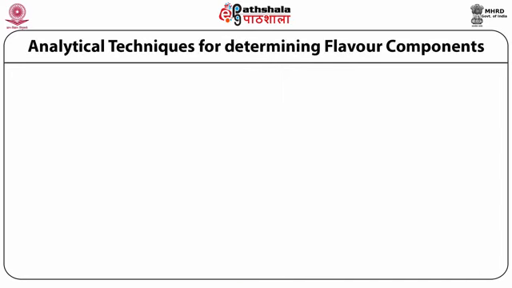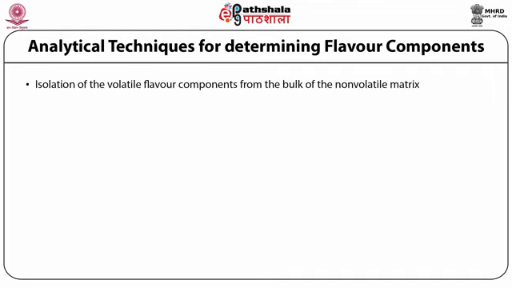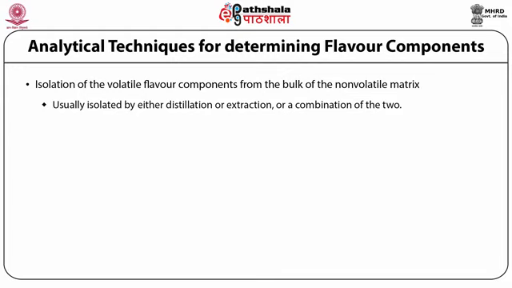Now some of the analytical techniques for determining flavor components. First task is isolation of volatile flavor components from the bulk of the non-volatile matrix, because isolating that flavor component from a raw ingredient is a task, and usually it is done by distillation or extraction or a combination of both these processes.